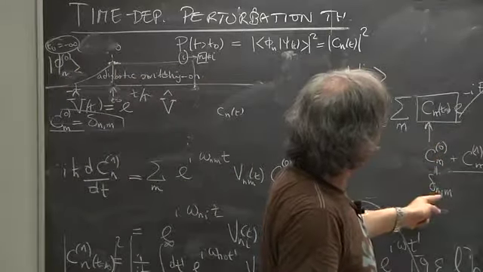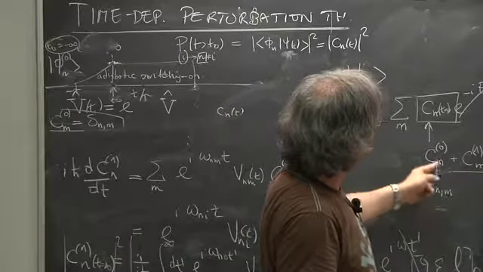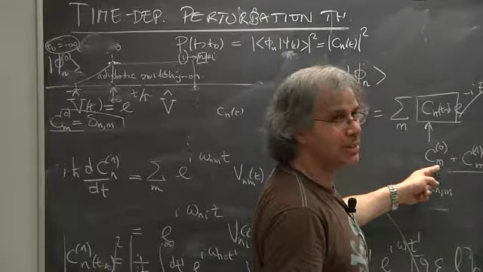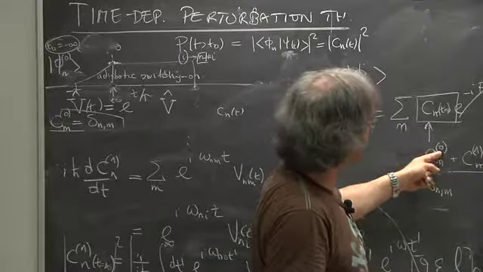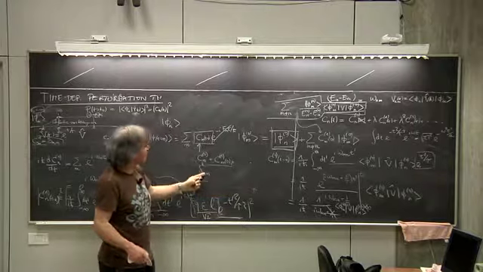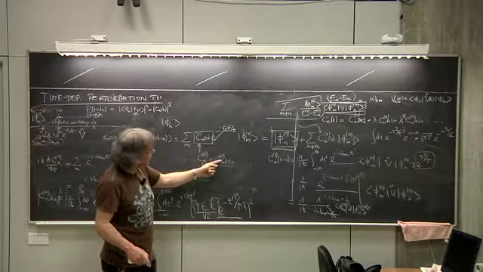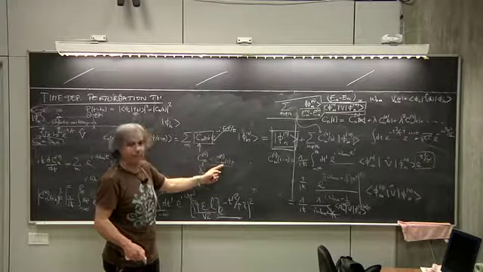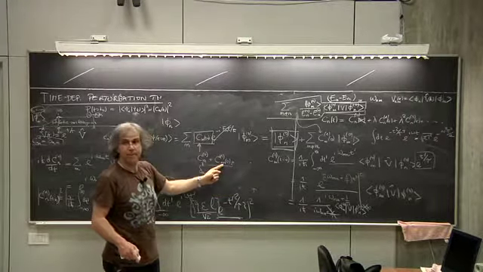Then you have the very same state for sure, because after all C0, which doesn't change in time, will persist forever, and therefore that state will be still there. But on top of that, you will have a piece coming from C1 M. C1 involves matrix element of the potential with all possible states.